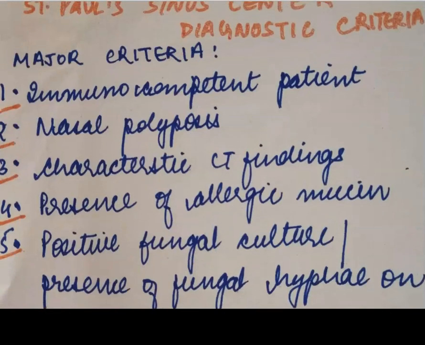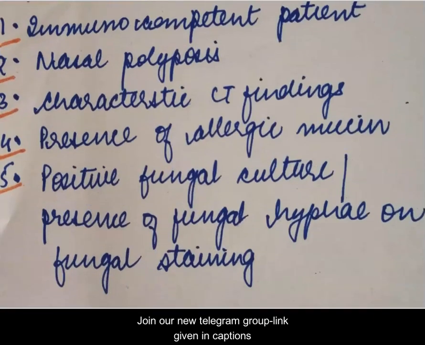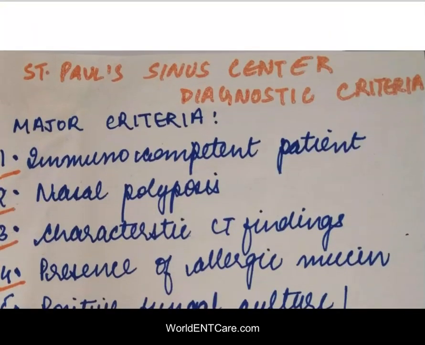That includes an immunocompetent patient, nasal polyposis, characteristic CT findings, presence of allergic mucin, and positive fungal culture or presence of fungal hyphae on fungal staining. This is called the St. Paul Sinus Center diagnostic criteria, okay?